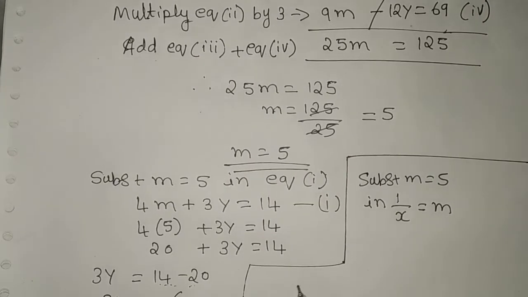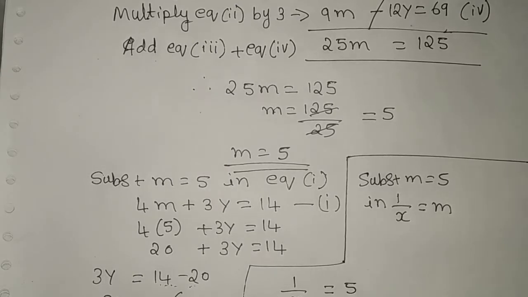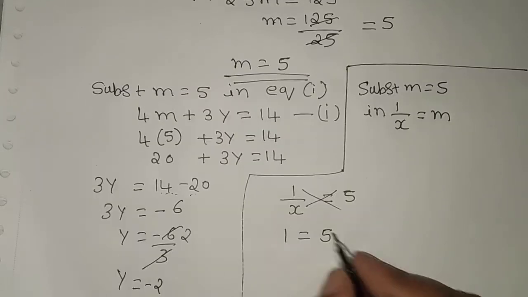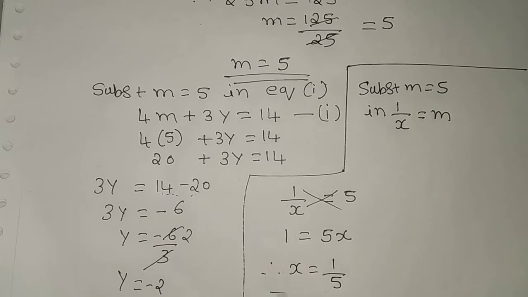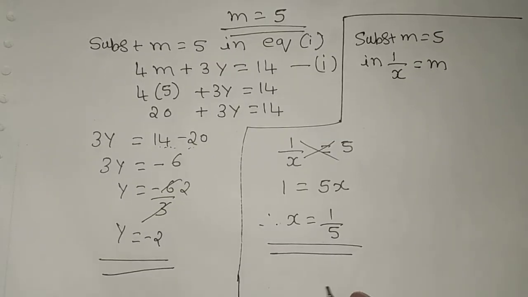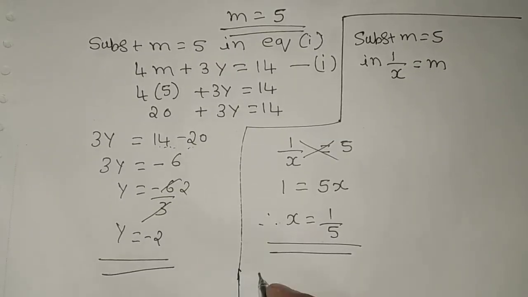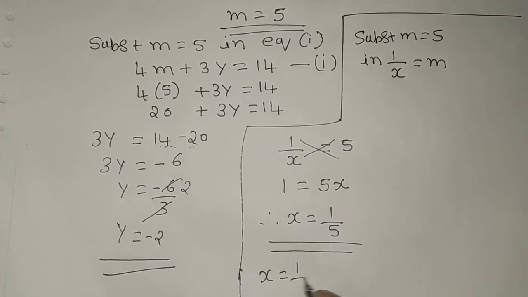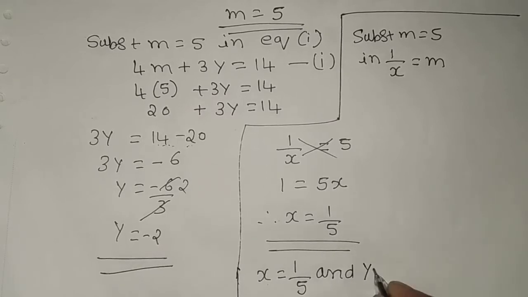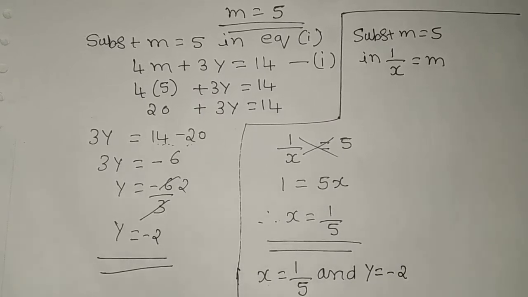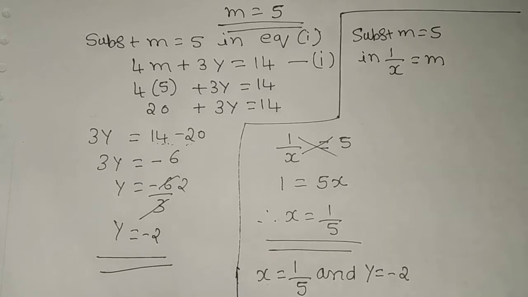So 1 by x is equal to 5. Cross multiplying, we get 1 is equal to 5x. Finally, x is equal to 1 by 5. So finally we got x is equal to 1 by 5 and y is equal to minus 2 as the solution for this problem. So this is the third problem.